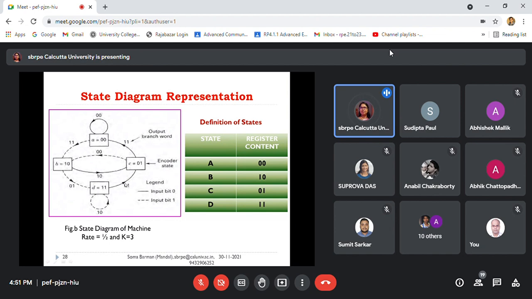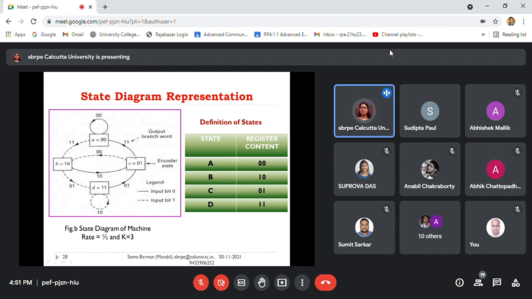And in this state diagram, we are representing a dash line for input bit 1 and a solid line for input bit 0.